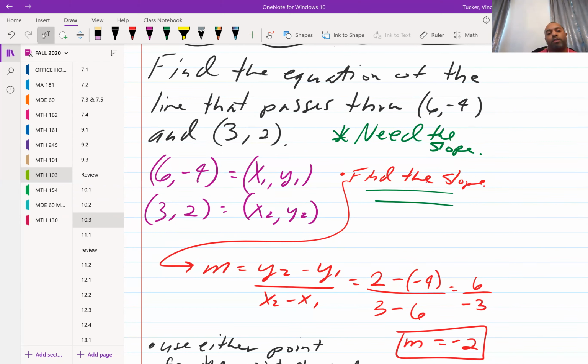X2 is 3, X1 is 6, so it's 3 minus 6. That gives us 6 over negative 3, which is negative 2 as our slope. All right, make sure we're all right.